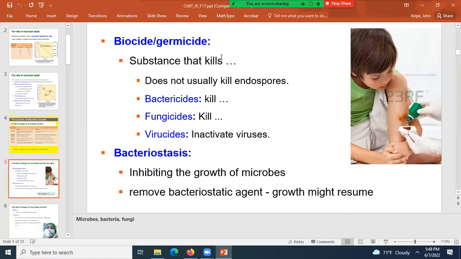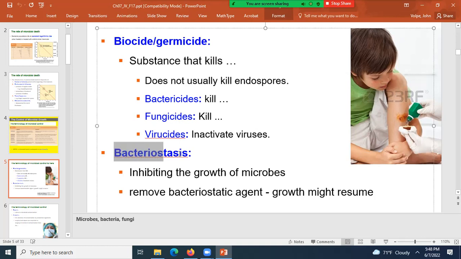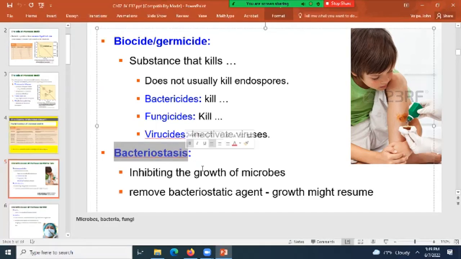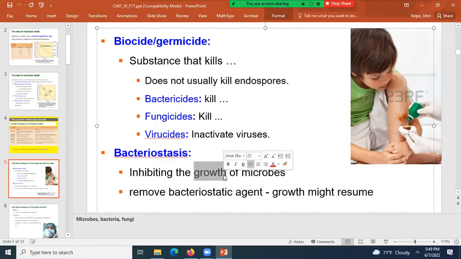Bacteriostasis is when you inhibit the growth of microbes, but you do not kill the microbe. And we talked about this. A bacteriostatic antibiotic is one that prevents the microbes from growing, and it allows your immune system to then kill off the microbe, because the bacteriostatic antibiotic does not.